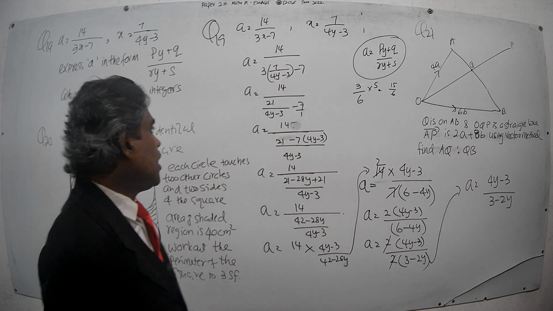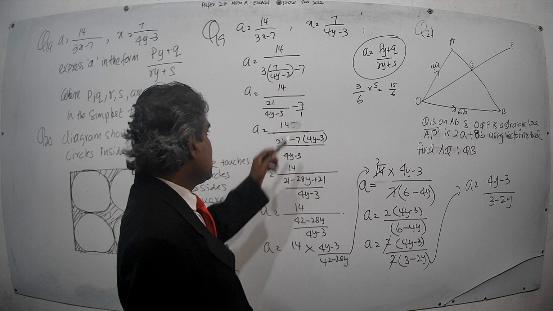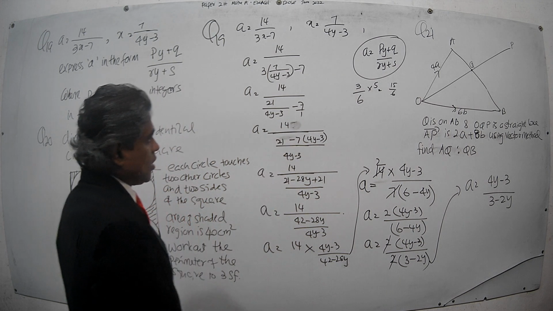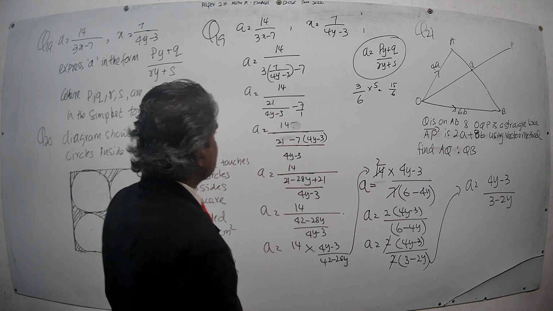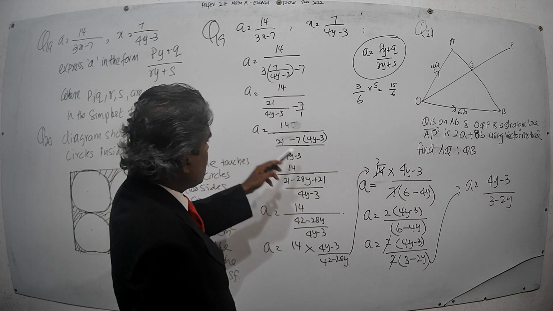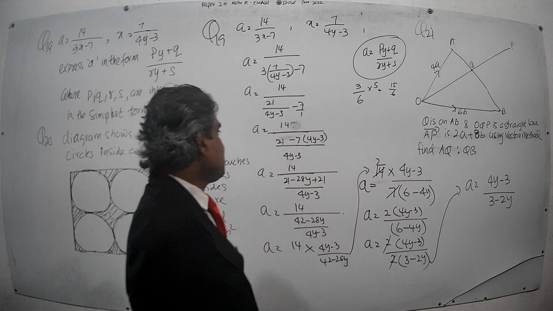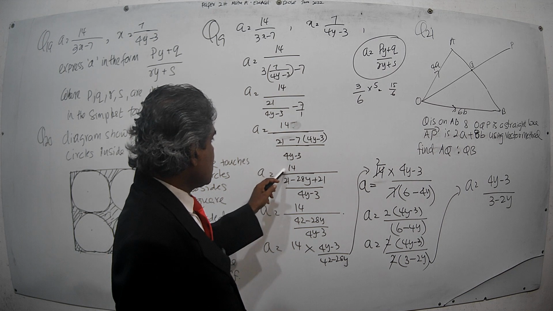Therefore we simplify the denominator first. Here, taking this minus 7 as a fraction, minus 7 over 1, the common denominator is 4y minus 3. Then here 21, here minus 7 into 4y minus 3. Then minus 14.